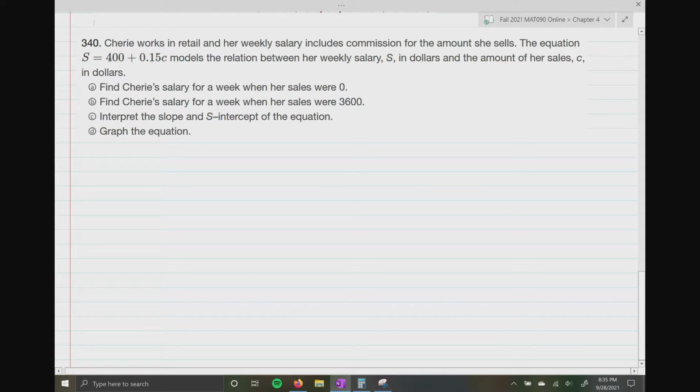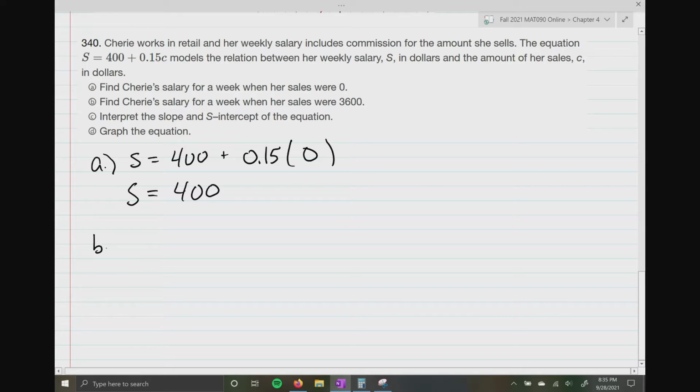So if you think about this and you look at the previous problem, it's basically the same setup. So part A is going to be S equals 400 plus 0.15. Now, they're telling us that for Sherry's salary for a week when her sales were 0, okay? So we're going to put a 0 here. So 0 sales, we'll get Sherry a salary of $400.